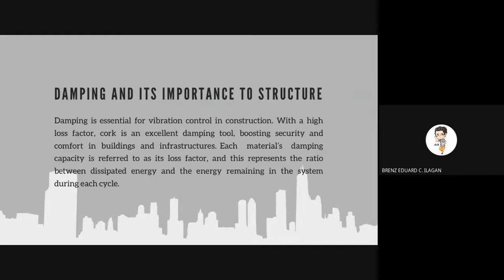This means that damping is the dissipation of vibratory energy in solid mediums. Similar to the absorption of sound in air, damping occurs whenever there is any type of friction that diminishes movement and disperses the energy. It is essential in construction because damping limits the vibration and ensures security and comfort in buildings and infrastructures.